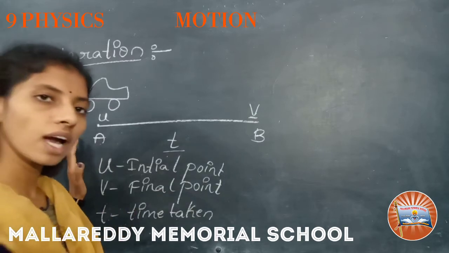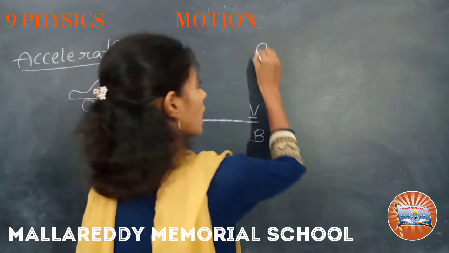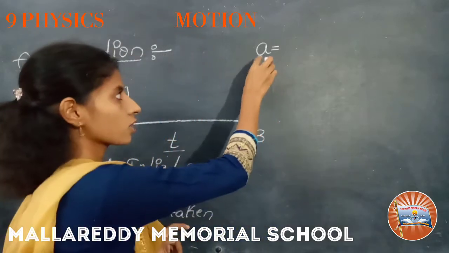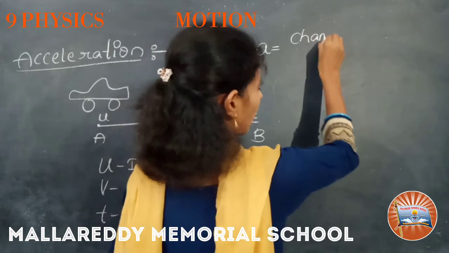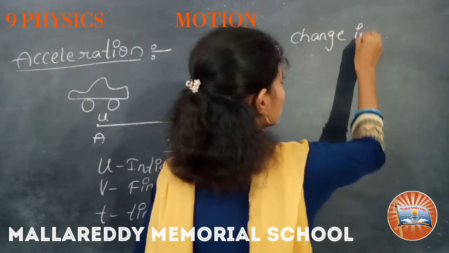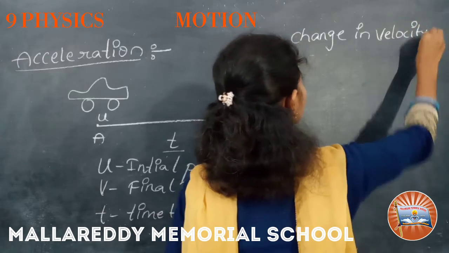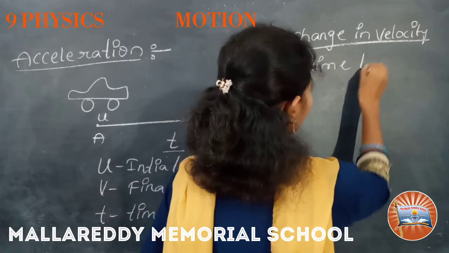Then how can we find the acceleration? There is a simple definition for acceleration. We denote acceleration by small a. So a is equal to, that means acceleration is equal to, change in velocity by time taken.